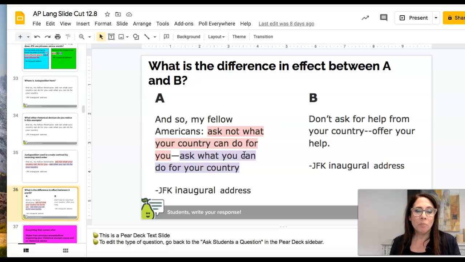We know that parallelism creates a balance, right? So that word balance, we got to think about what is the writer trying to balance, literally, in the meaning or the message of her or his speech. We talk about, with repetition, perhaps a flow, a rhythm. Sometimes it is a shift in tone.